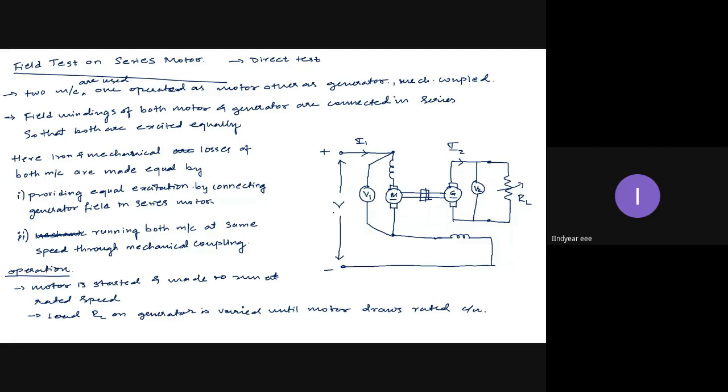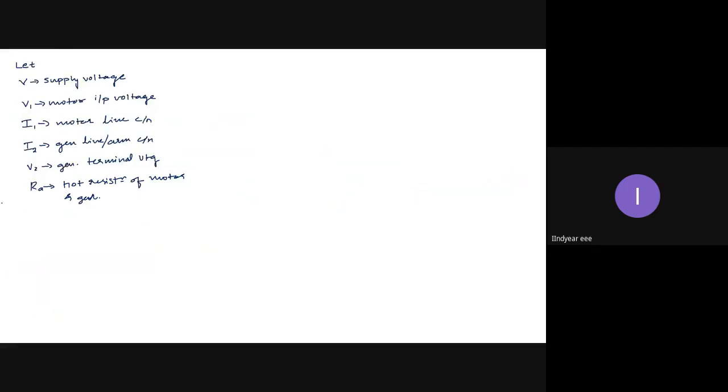The supply voltage is V. So therefore, the input drawn from the supply by the whole set is equal to V into I1.